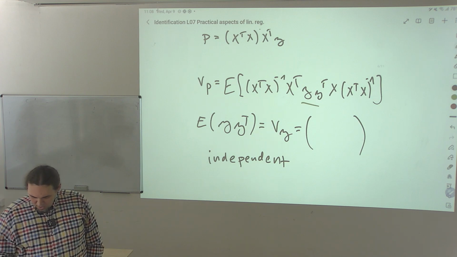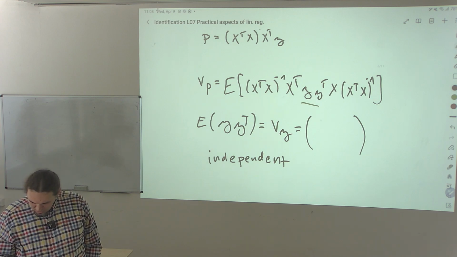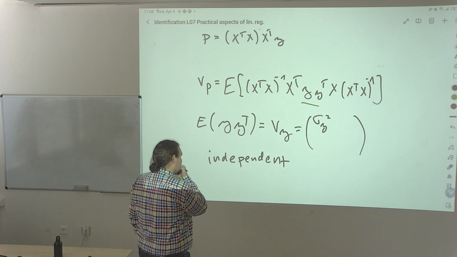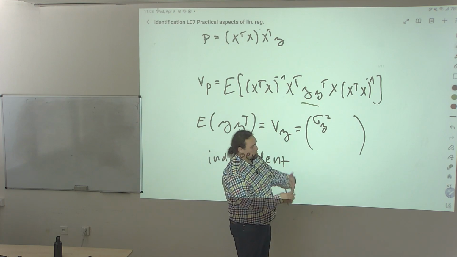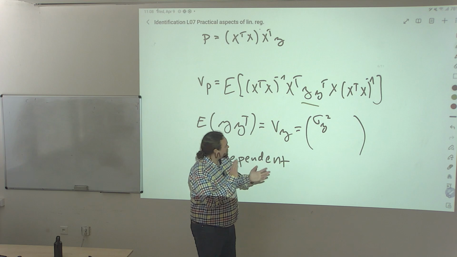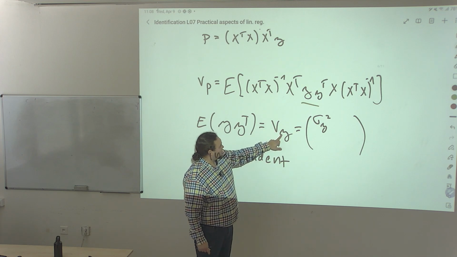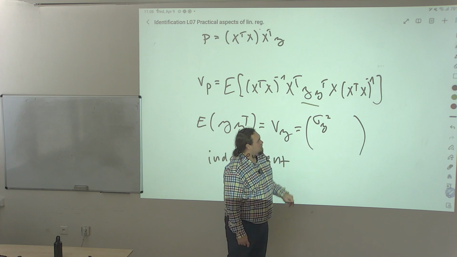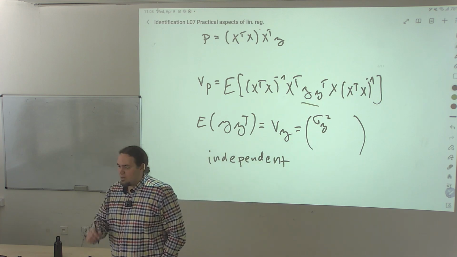Which basically means that we will just have the variance of the measurement error, how much our measured data deviate from their mean value.